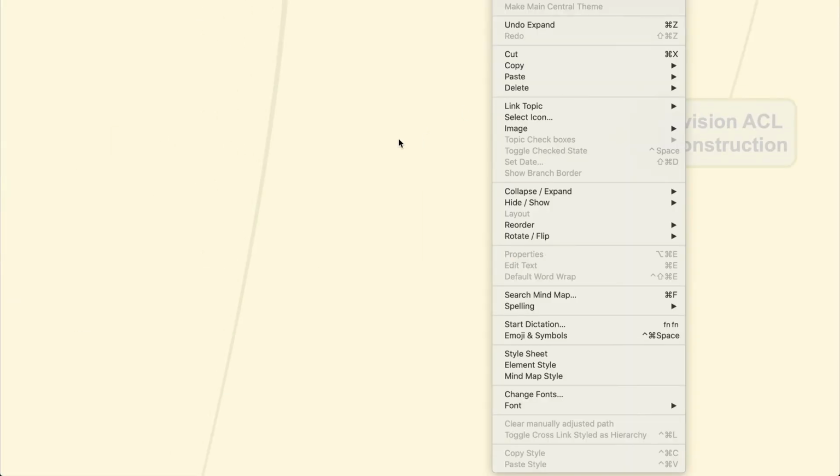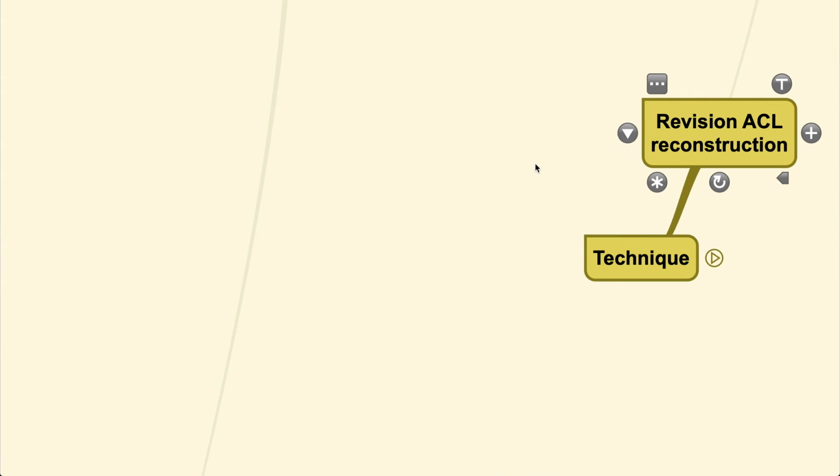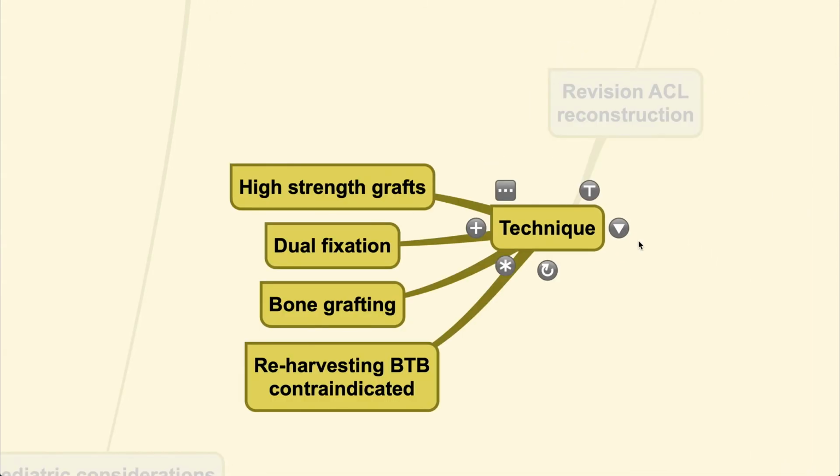Next would be the talk about ACL revision. You know that sometimes ACL surgery will not go as smoothly as you have predicted, or it may go smoothly as you have planned, but suddenly something happened and the patient came back with a failed ACL and you need to do revision.